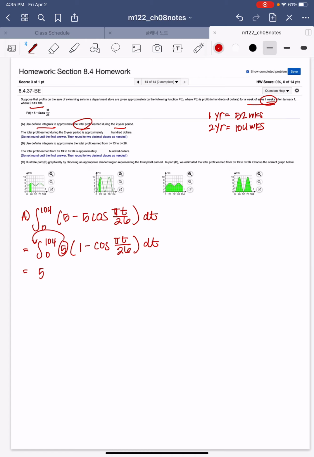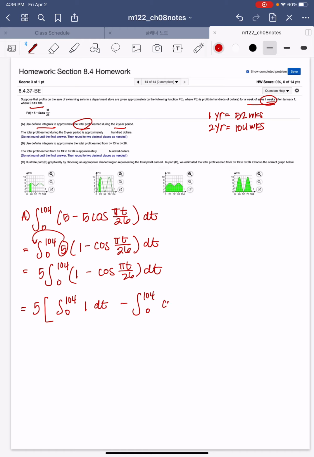So I have a 5 integrating from 0 to 104, 1 minus cosine pi t over 26 dt. Because it's a subtraction, I can separate the integral into 2 different things. So 5 is still there. First one, 0 to 104, 1 dt. The second integral, 0 to 104, cosine pi t over 26 dt.